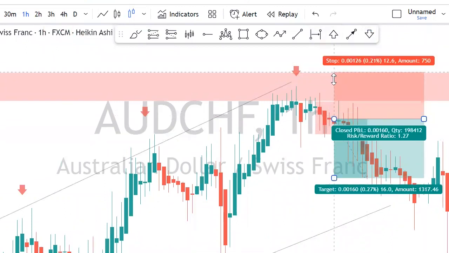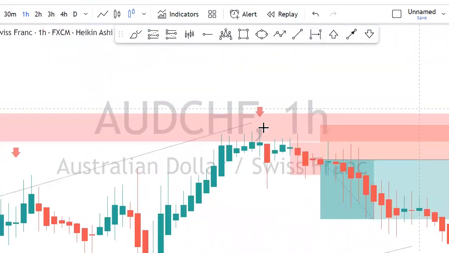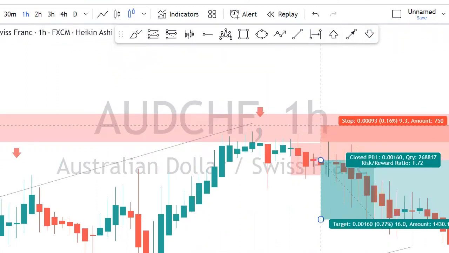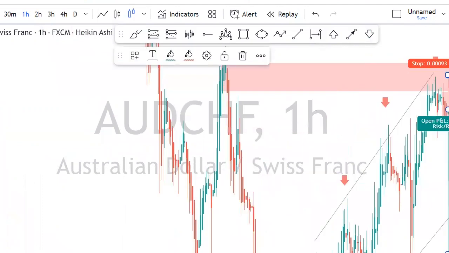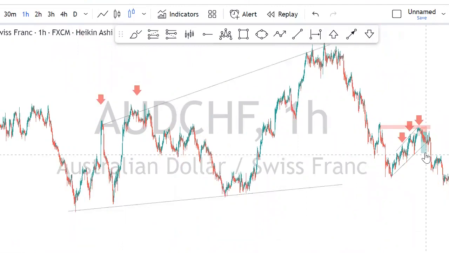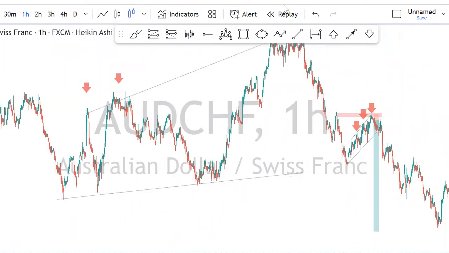So once again, I would have placed my stop loss right above this high, this wick, the highest point of the wick, which is right there, and then just scale down. And if I zoom out, you guys can see from that point the price just sold off dramatically.